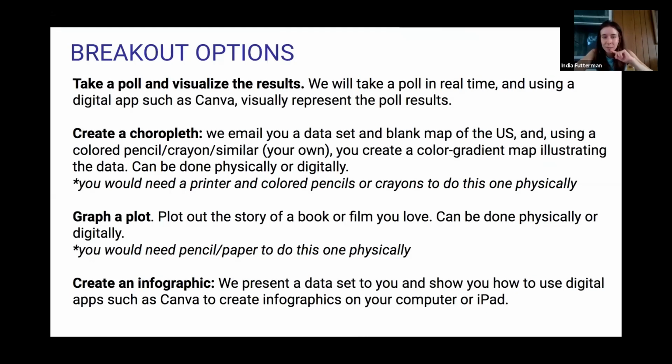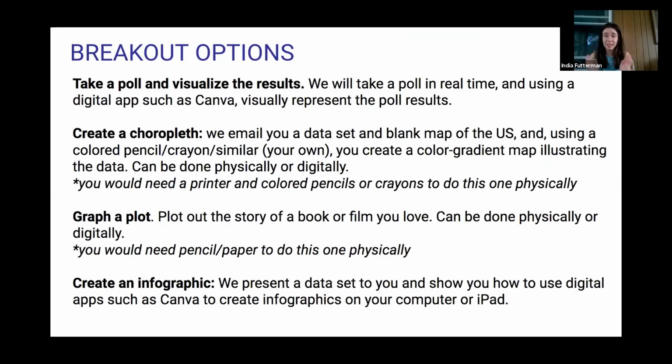You could graph the plot of a book or a film that you love, Kurt Vonnegut style, which I'm very intrigued by. And by the way, if you want to do this or the choropleth physically, of course, pen and paper would be necessary. And then for your choropleth, some nice colors, even if that's just some different colored highlighters, that could also work. It doesn't have to be colored pencils or crayons.